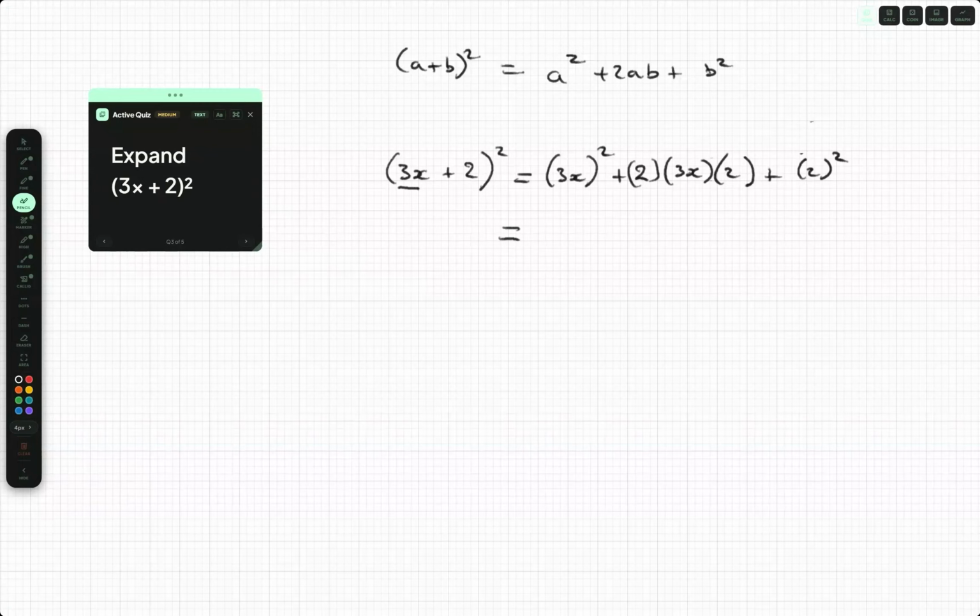So 3x squared means we square the coefficient. 3 times 3 is 9, and then we square the pronumeral. 2 times 3x is 6x, times 2 is 12x, and then 2 squared is 4. 2 times 2 is 4. And that's our answer straight away, and it's quite simple to get to.